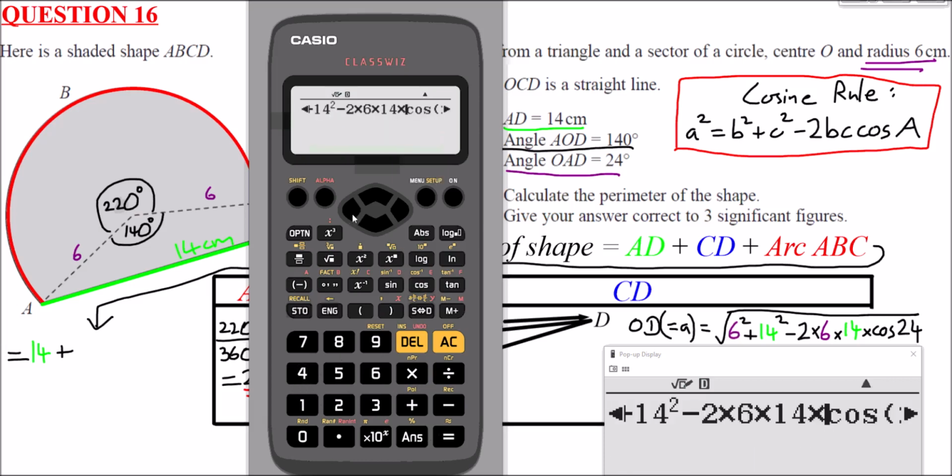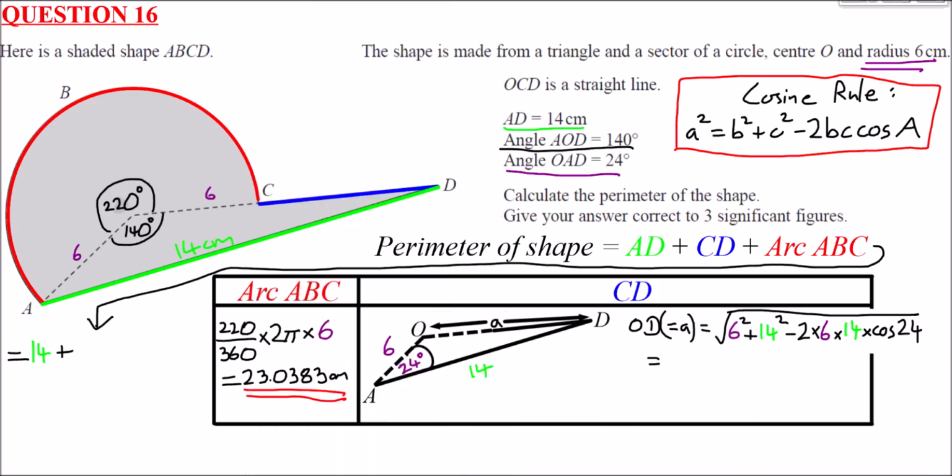What have I put in wrong here? Ah, yes. This is a point. Always close off the brackets. I need to follow my advice. So close off the brackets like so. Then it will work. So we have 8.8614 to 4 decimal places.